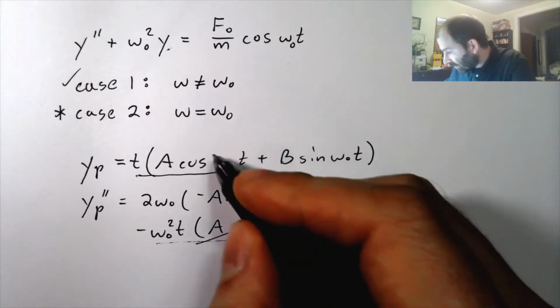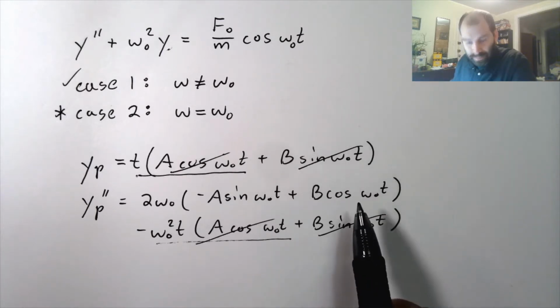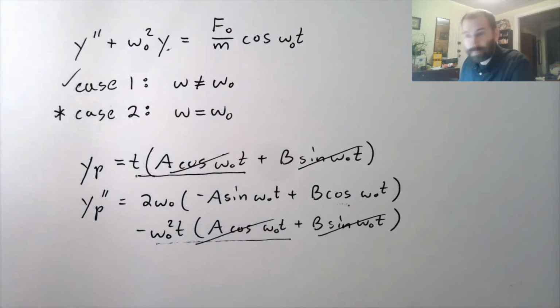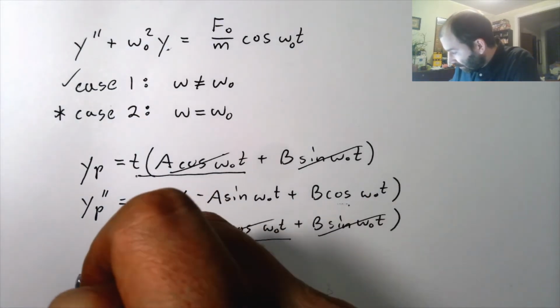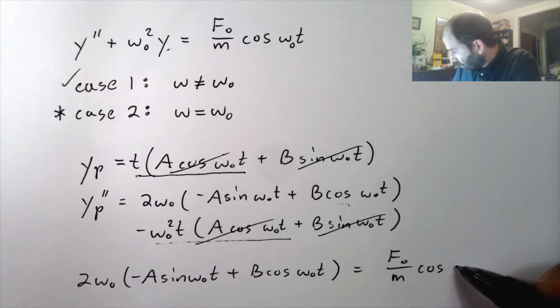So this and this are going to die, and the same thing for this and this. The only thing left over is this stuff that we plug in for y double prime. So what we're going to get there is this.